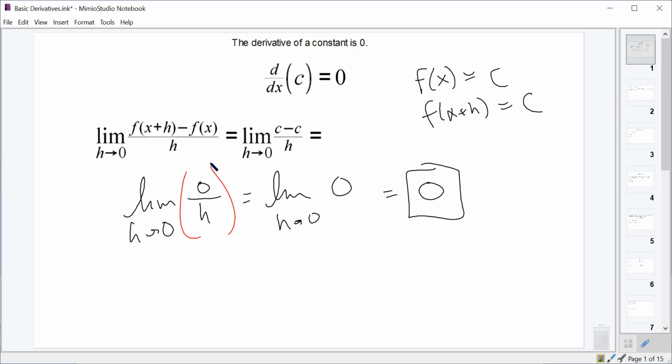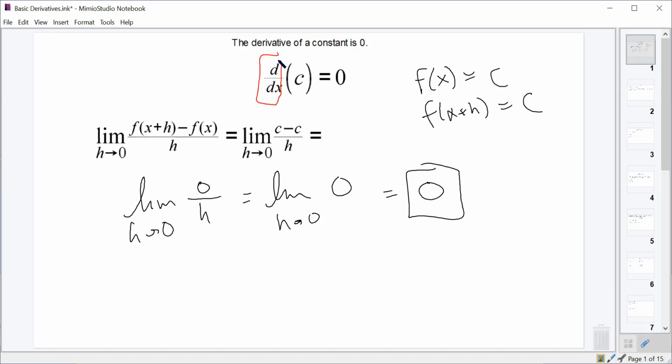We can simplify the things inside the limit before we evaluate, if they can simplify. And 0 divided by any number, provided that h is not 0, gives you 0. True, and h is not 0. h is, in fact, anything that is getting close to 0, not 0. So that's why we're allowed to do that. Good? Yeah, thank you.